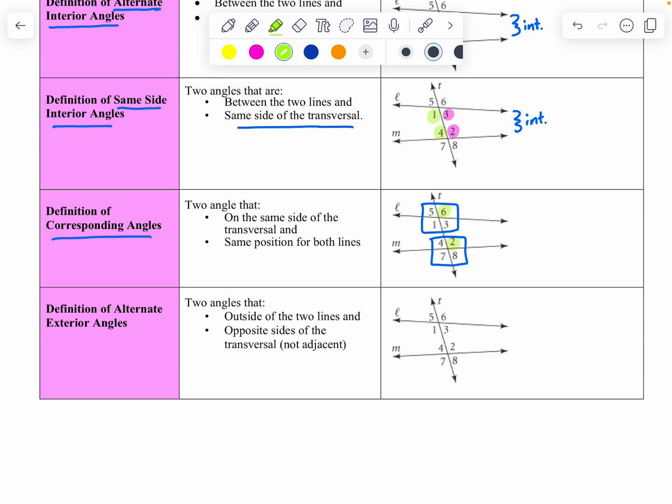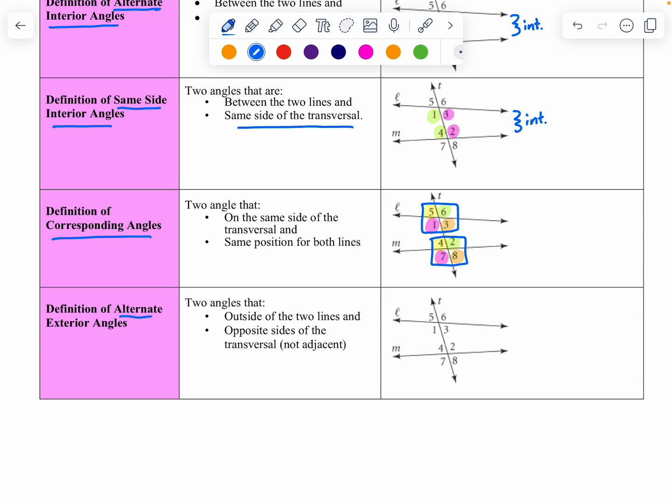Sometimes I draw those boxes to help me visualize which corner they're in. Then angle 5 is in the upper left-hand corner, and in the bottom group, angle 4 is in the upper left-hand corner. So 4 and 5 are corresponding angles. Angle 1 is in the lower left-hand corner, and so is angle 7. So 1 and 7 are corresponding angles. And finally, angle 3 and angle 8 are both in the lower right-hand corner, so they are corresponding angles.